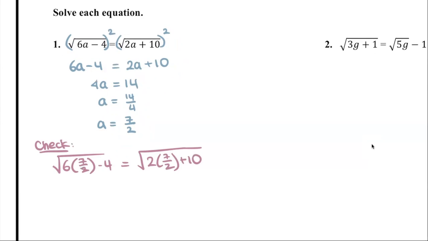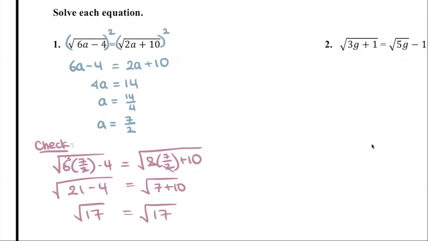So this gets me 21 minus 4, which is rad 17. This one gets me 7 plus 10, which also gets me rad 17. All right, so that lets me know that I have a correct answer and I have no extraneous solutions. So that is my final answer.